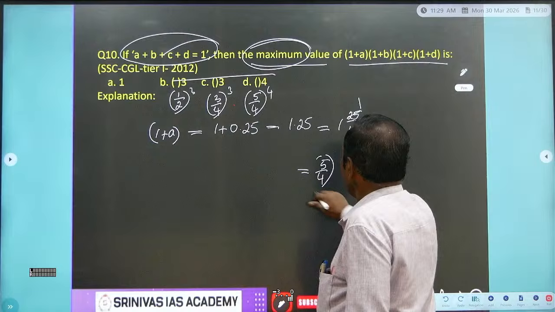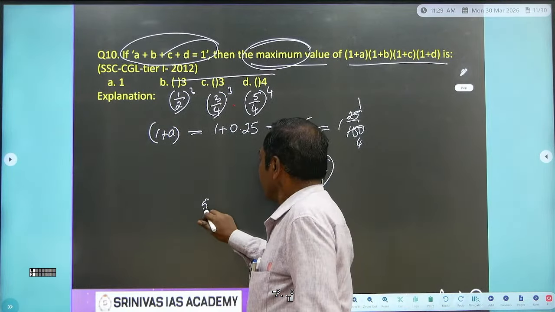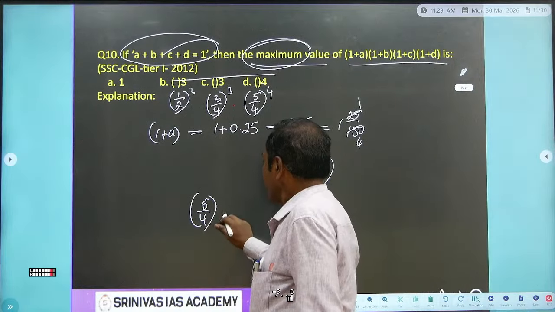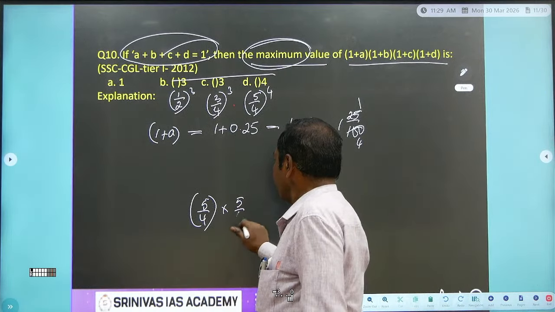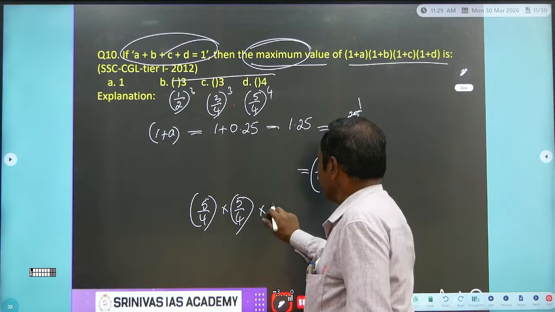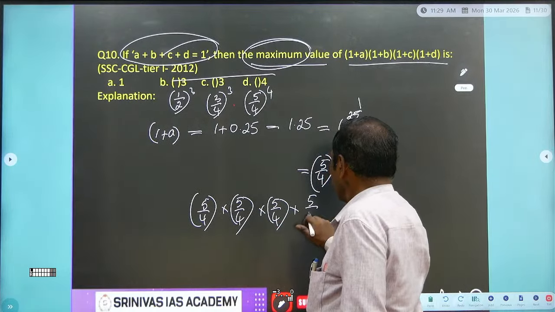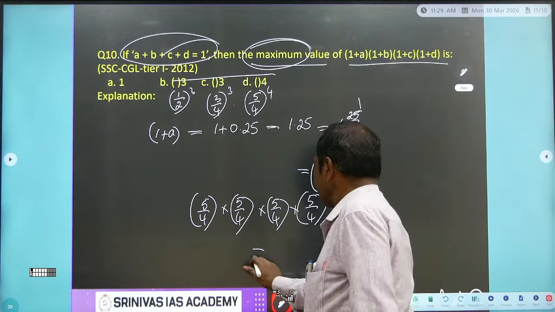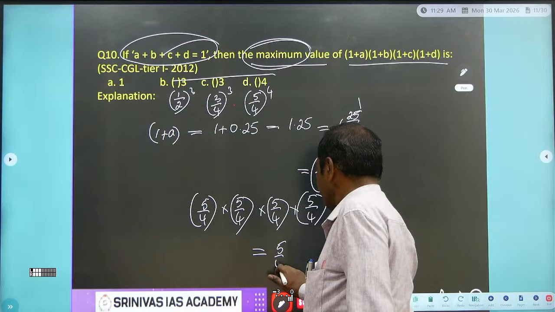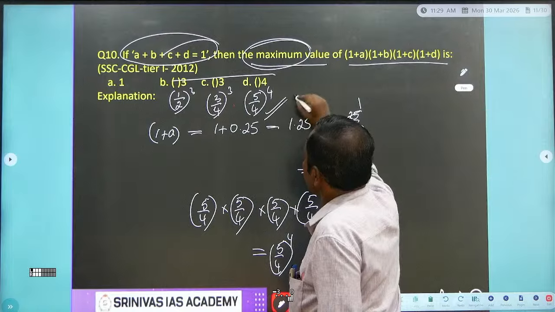So it is 5 by 4 into 5 by 4, into 5 by 4, into 5 by 4, which means 5 by 4 to the power of 4.